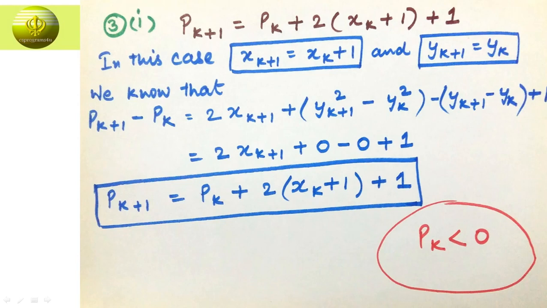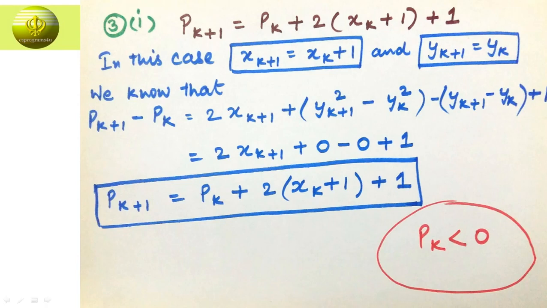The equation was pk plus 1 minus pk is equal to twice xk plus 1 plus yk plus 1 square minus yk square minus yk plus 1 minus yk plus 1. When we insert the value of yk plus 1 equal to yk, the result will be 0 because both the values are equal. That's why the second value and third value come out to be 0.